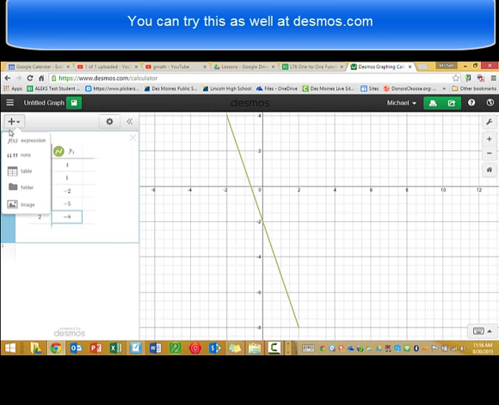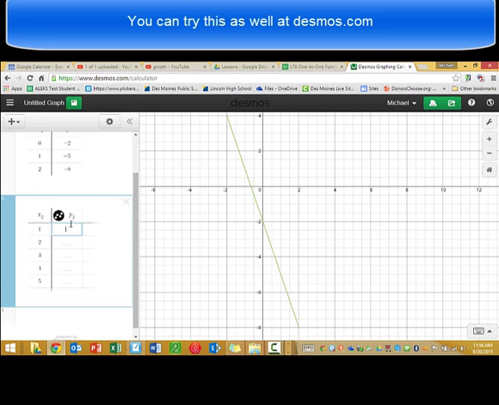Let's add a new item, add a new table. This time we're going to switch around those x's and y's. So here we now have -2, -1, 0, 1, 2. X's have become y's, and our x's are now 4, 1, -2, -5, and -8.